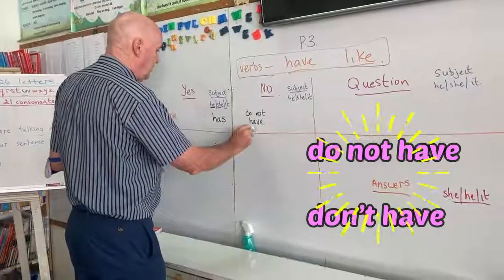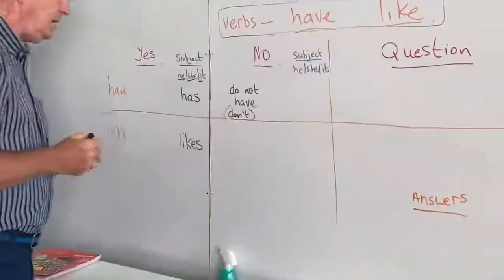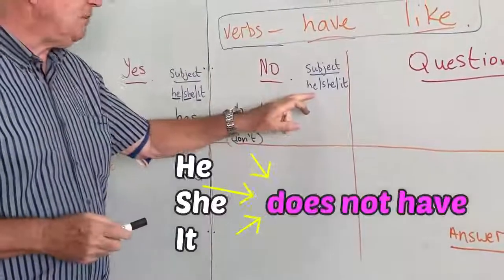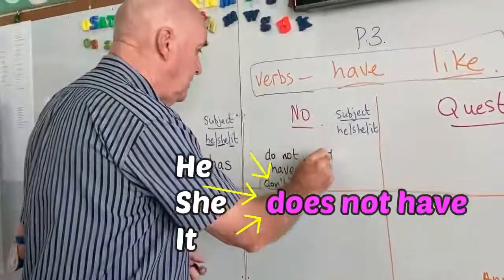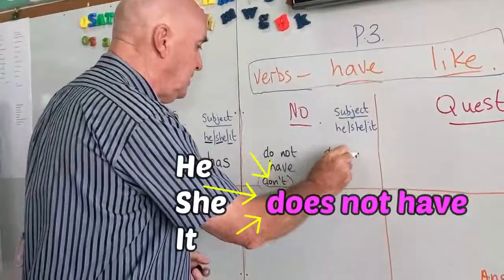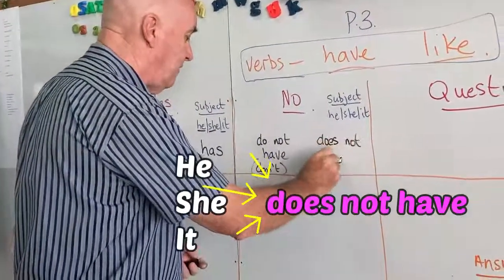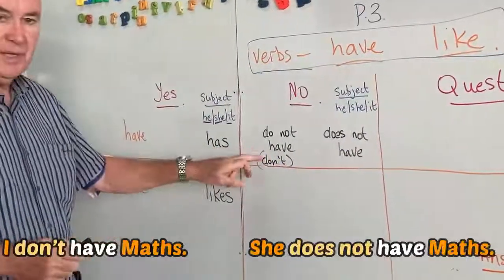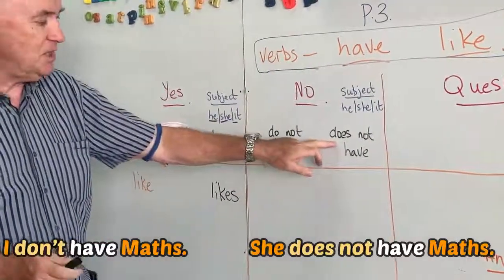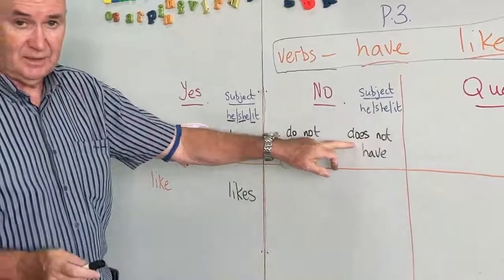Don't have, it's the same. But if the subject is he, she, or it, then it becomes does not have. So, I don't have maths, she does not have maths.